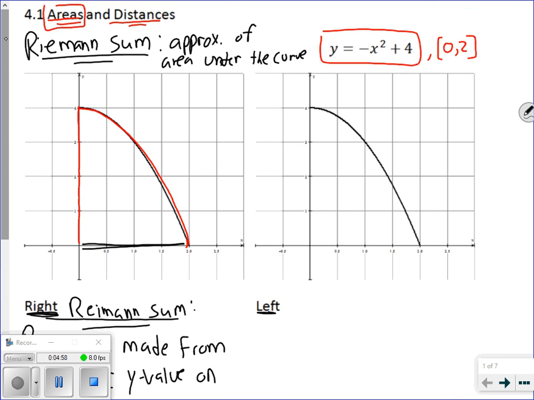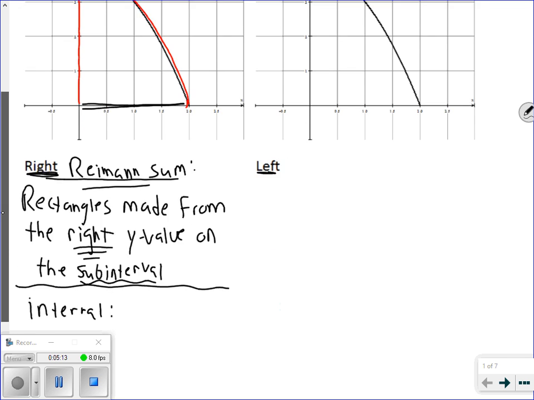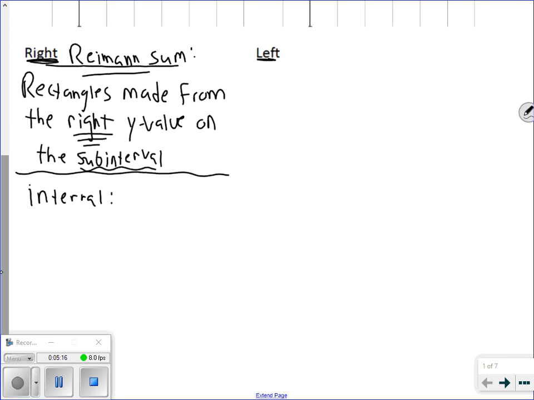So for instance, in this problem, I say, all right, this is my curve. I'm approximating the area between these 2 points, and I want us to approximate it using, in this case, let's use 4 rectangles. Okay, 4 rectangles. So, the interval here would be to take your domain, and I want you to divide it by the number of rectangles we're using to approximate, which in this case, my domain is just 0 to 2.